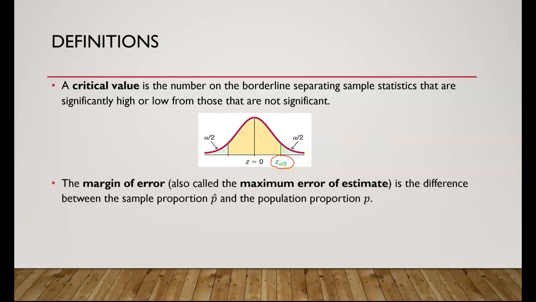The margin of error, also called the maximum error of estimate, is the difference between the sample proportion p hat and the population proportion p, and it's found by the formula E equals z of alpha over 2 times the square root of p hat times q hat divided by n, where p hat is the sample proportion and q hat is the complement of the sample proportion found by 1 minus p hat.